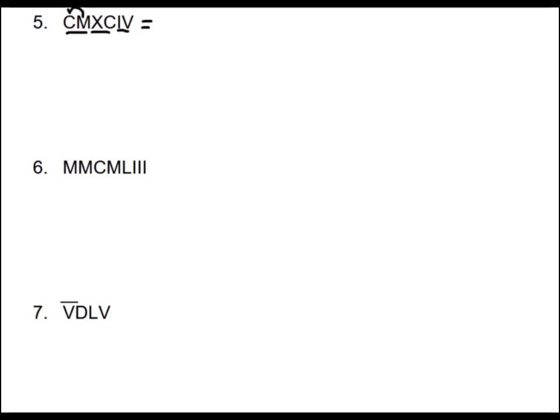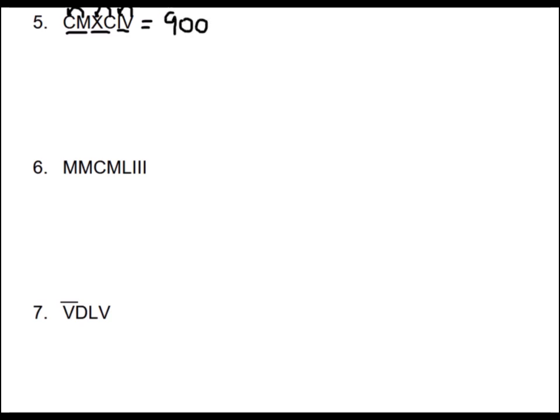Can you see that? So we have 100 minus 10, that's 90. Once you see the arrow goes back, it shows that you're subtracting. Then this is 5 minus 1. So we have 1000 minus 100, that will give us 900. That's CM.